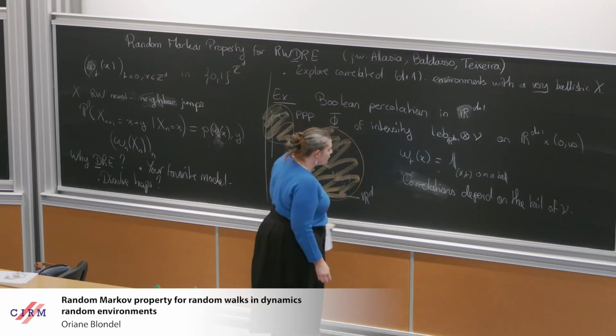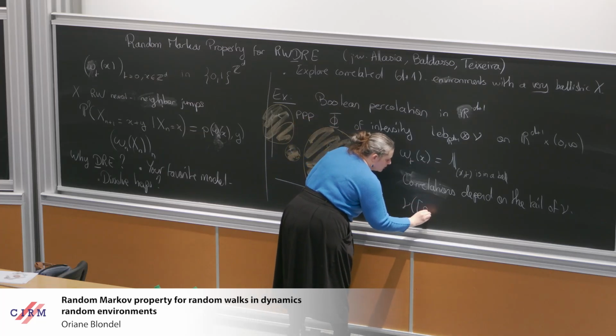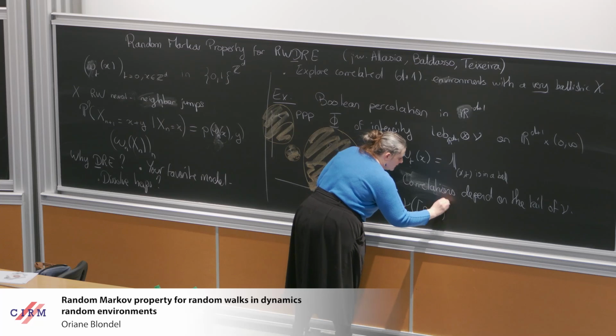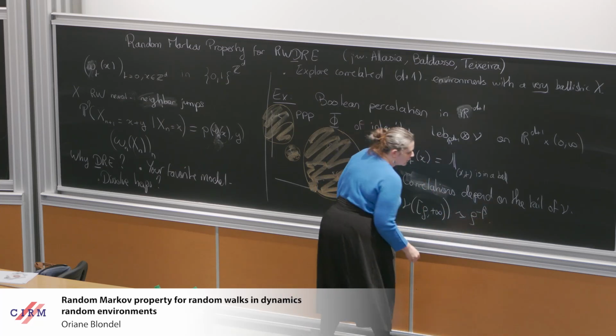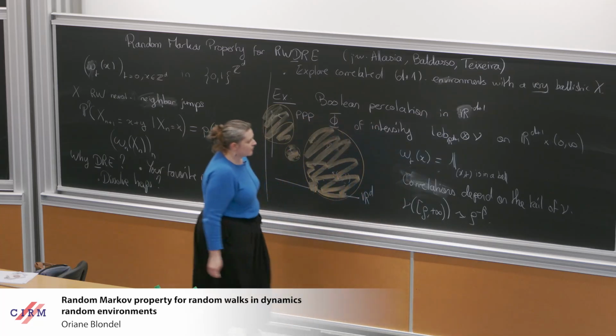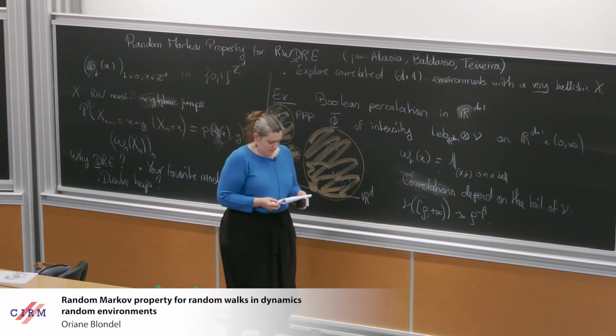And we're going to assume throughout that nu of rho infinity is something like rho to the minus beta for some beta.